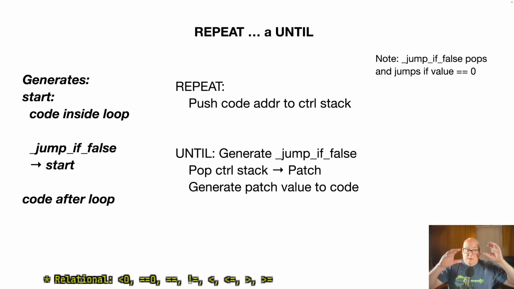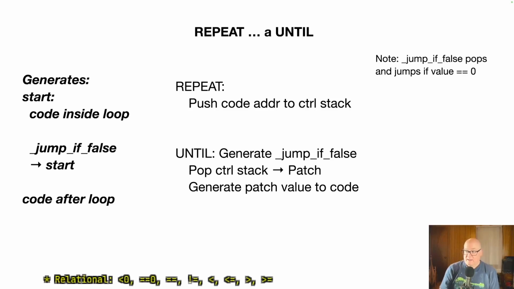So we push the address of the start, and when we get to the until, we pop that address and patch it into our jump if false. The jump if false instruction is followed by a word that points to the secondary address. Whatever code comes after the loop, we jump if false or fall through if true. That one's pretty straightforward.